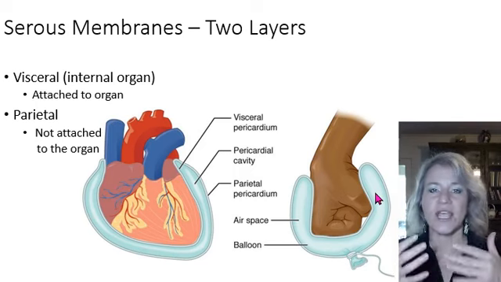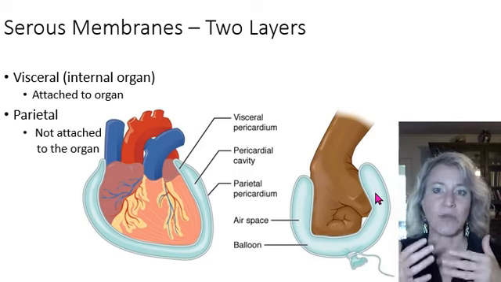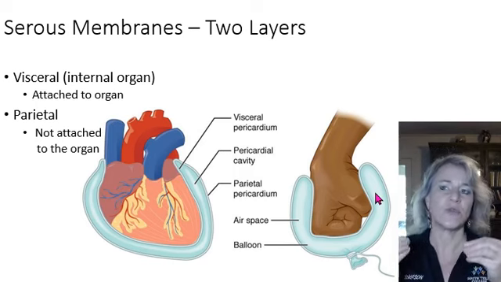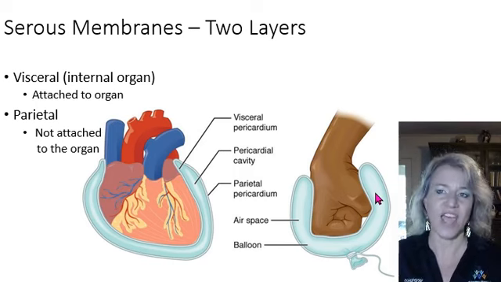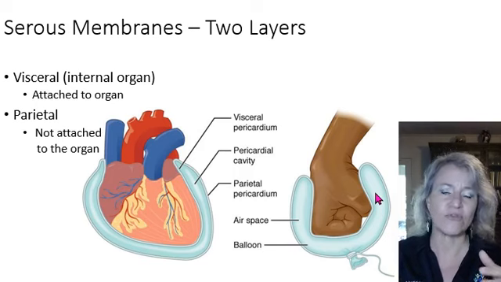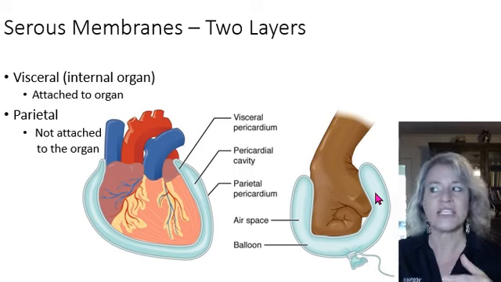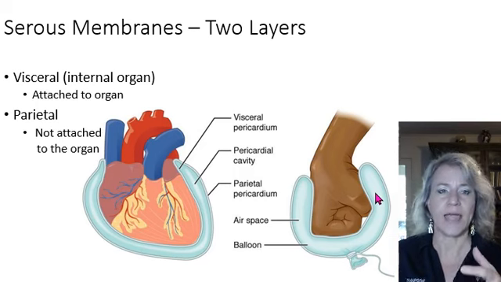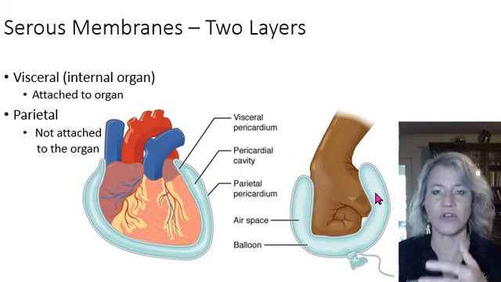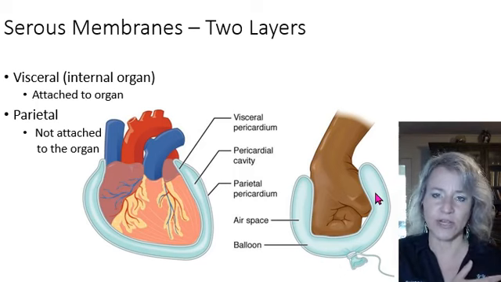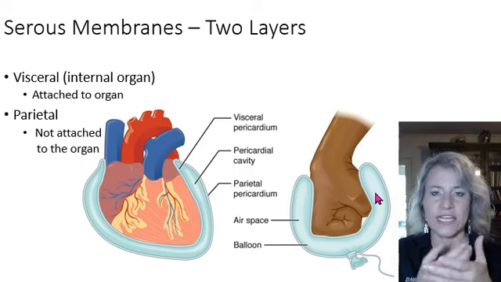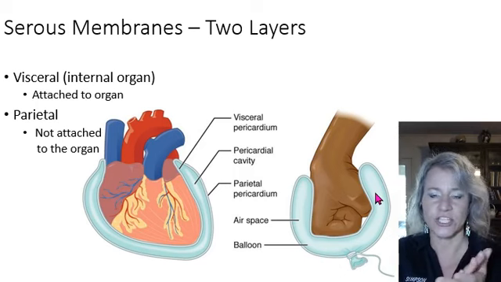So the serous membrane's function, which is very important, is to create the friction-free environment so they can move without getting injured. It protects the organs from mechanical injury, so every time they move, they're not getting injured due to friction.